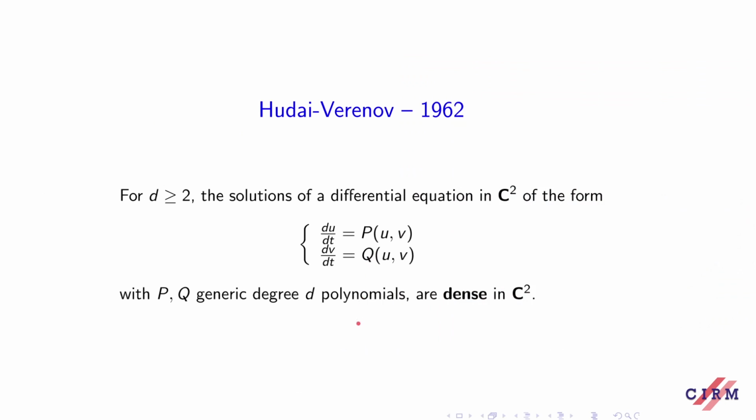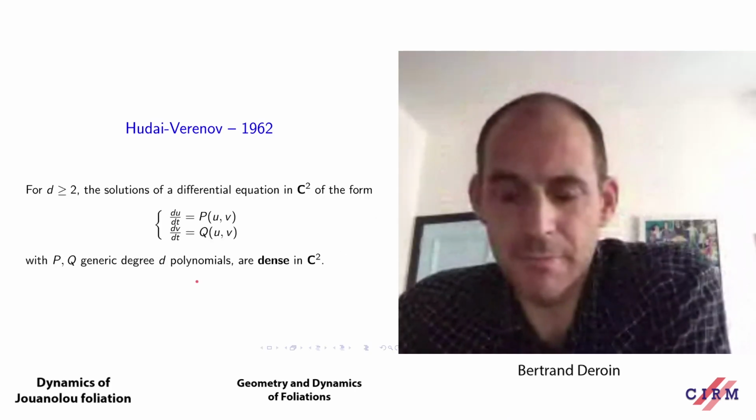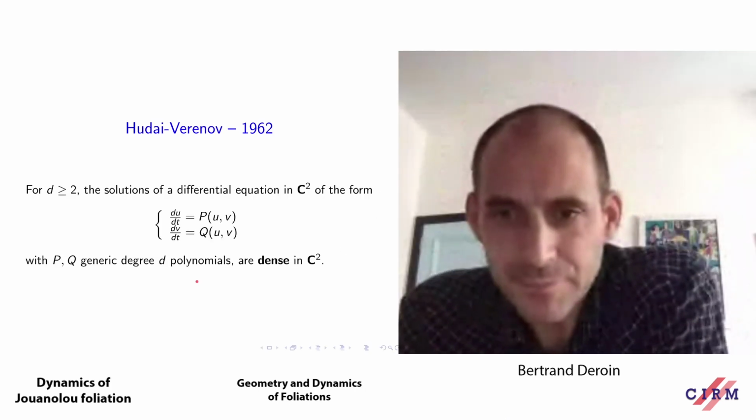It was surprising to have such a phenomenon of density of orbits if you compare with the real case, where we have the Poincaré-Bendixson theory, which states that orbits accumulate on cycles. Here the situation is much more complicated.